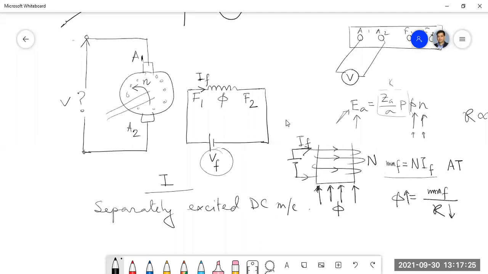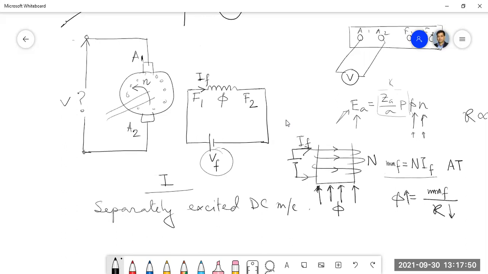You should excite the field. For that, it is written that the field voltage is 50 volts, so you have to bring a 50 volt source. That means you have to arrange an additional source to excite the field coil. Got my point?